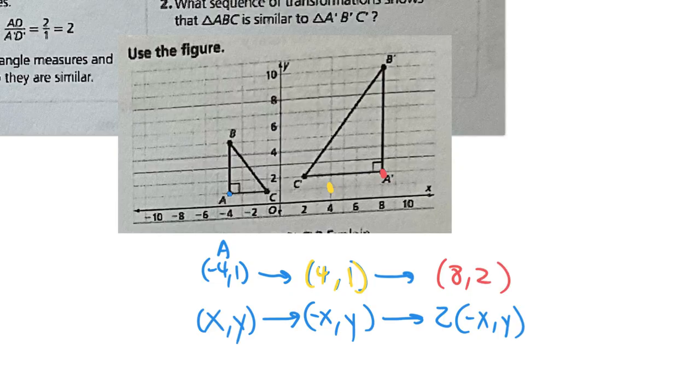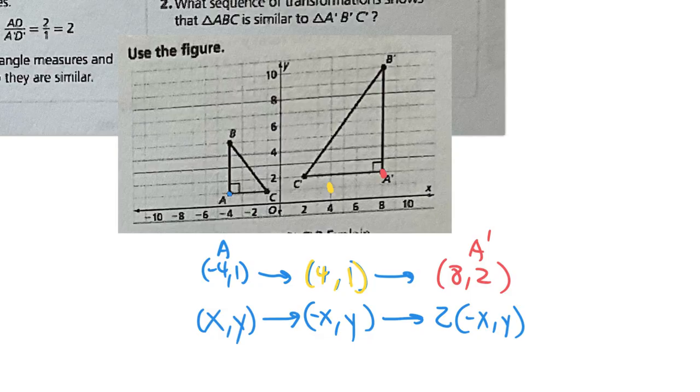Now, if you wanted to confirm that this series of transformations happened not only to point A, but also to point C in order to turn it into C prime, and also to point B in order to turn it into B prime, you can always confirm that yourself.